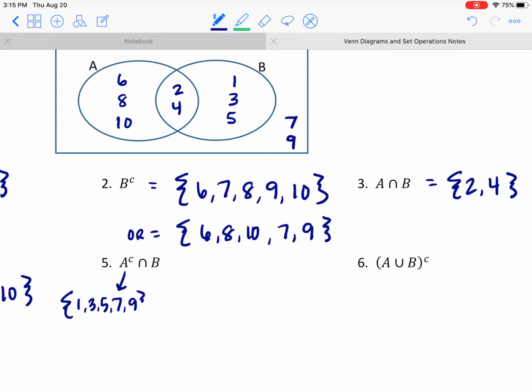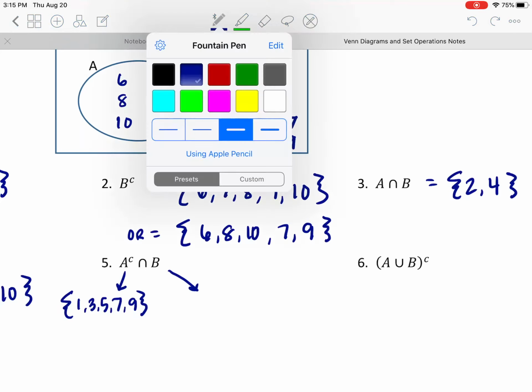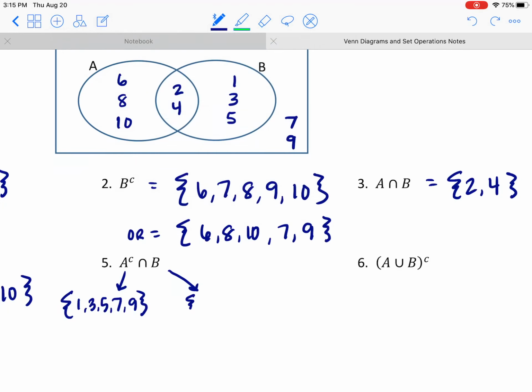That's that complement. And then what do I have going on in B? So in B, I have 1, 2, 3, 4, and 5. So this is saying, find the intersection of those 2 groups. What do those 2 groups have in common?